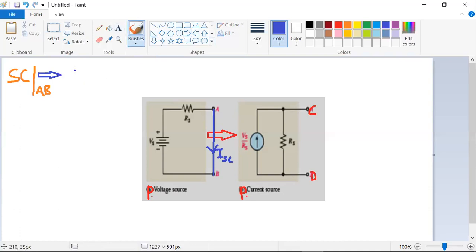Now my job is to find the short circuit current flowing through the A and B terminals. As you know from Ohm's law, it equals Vs by Rs: total voltage divided by resistance, where the internal resistance is Rs. Hope you are clear. So this is equation number 1.